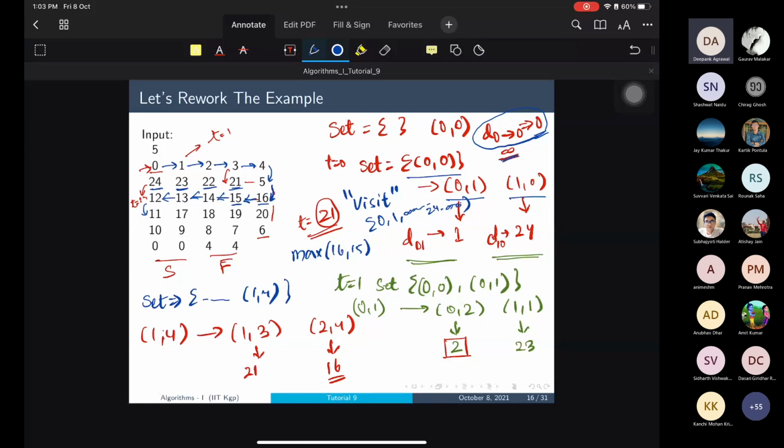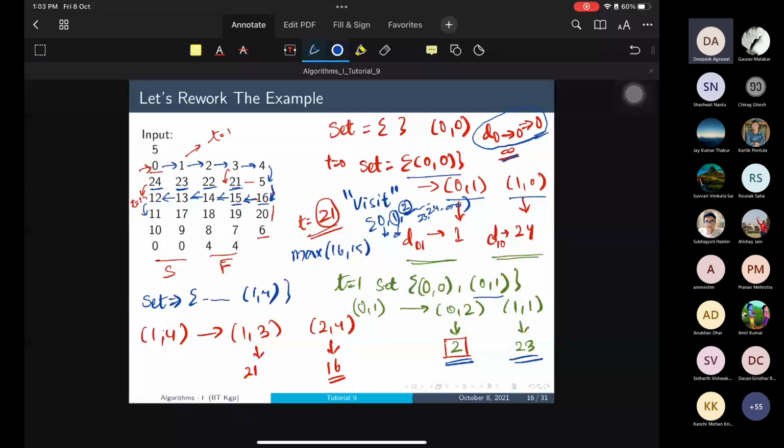Now since 0 is already visited, it's turn for 1, right? So 1 comes into the visited set. And then we update the distance for its neighbors. Now there will be 2 instead of infinite, and there will be 23 instead of infinite. Since 0 and 1 are already visited, then 2 is the nearest node. We take out 2.